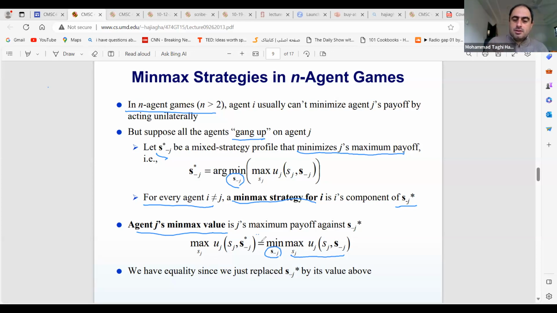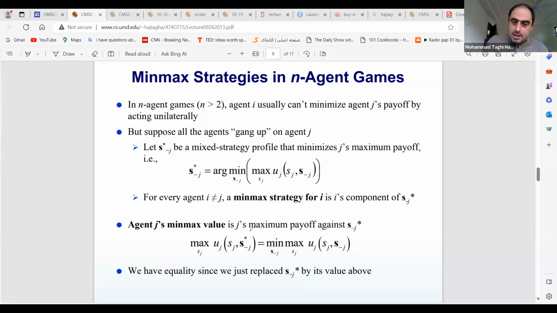This is not necessarily an equality. J's minimax value would be the one that the Sj star attains as the minimum for this. And we have equality if we replace this here by this.